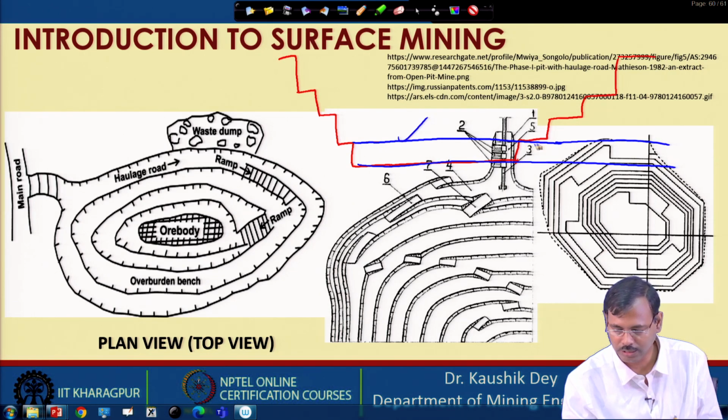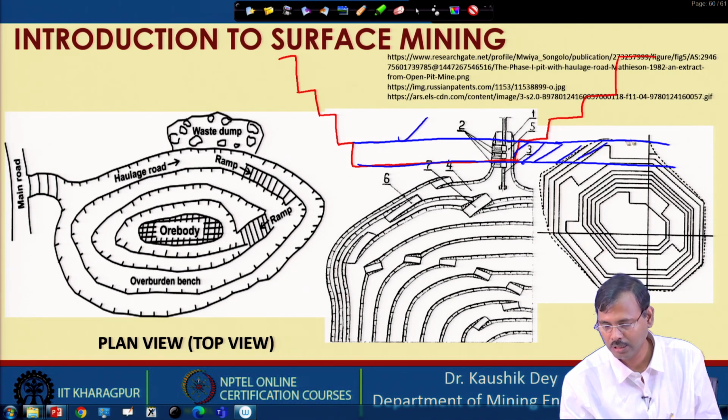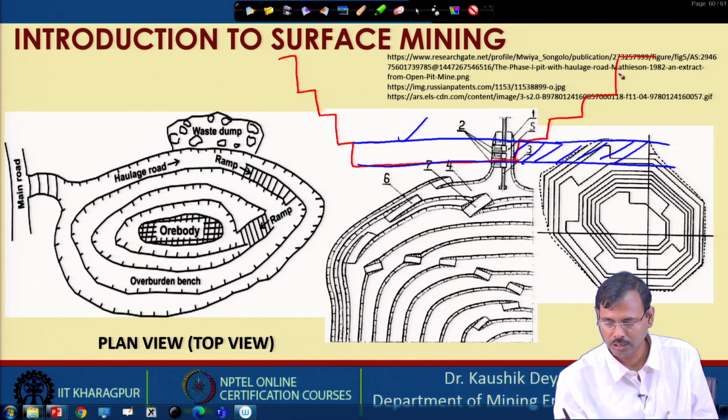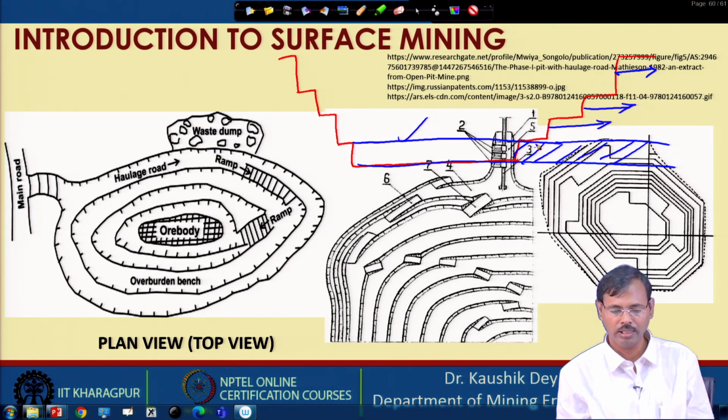This part is already excavated and this part is remaining, so we have to take this out. We move this side, then this side, then this side, and we gradually take it out.